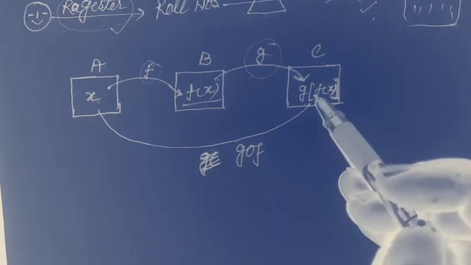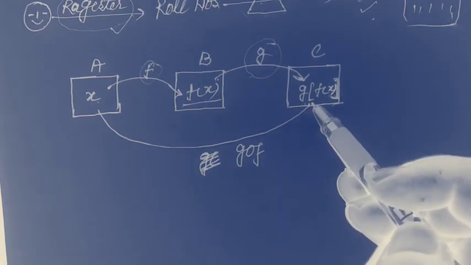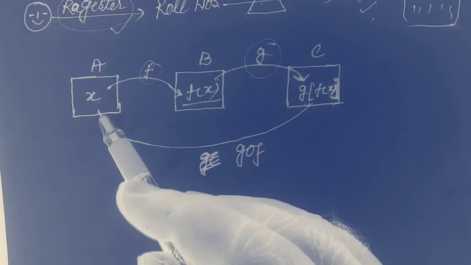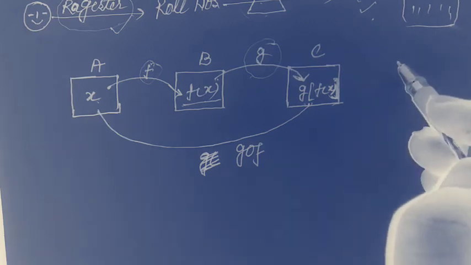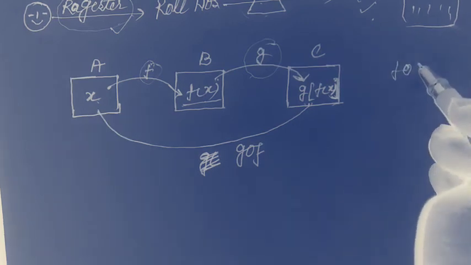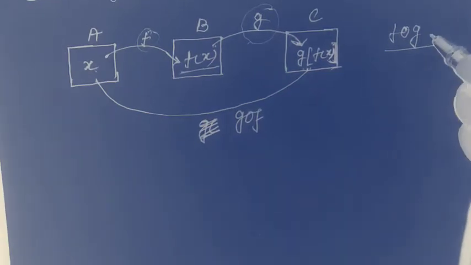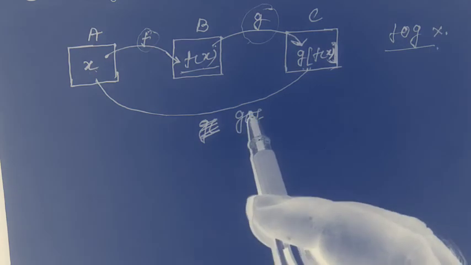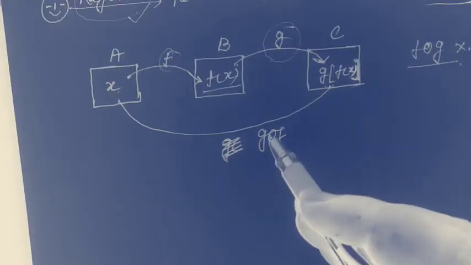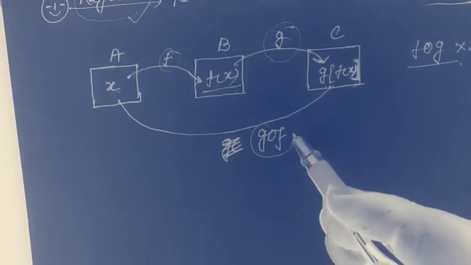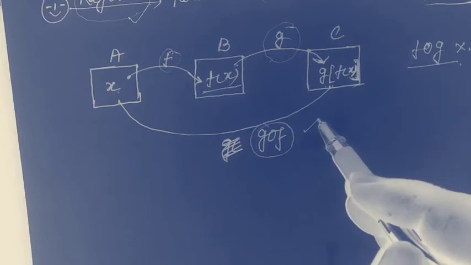So we might read it in reverse, we need to read here f of g, isn't it? But it is wrong. We will read it in reverse here, g of f, isn't it?